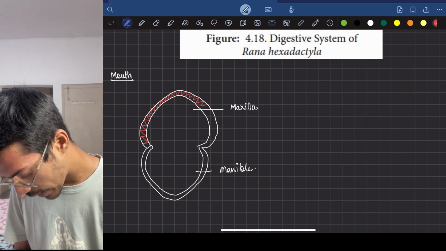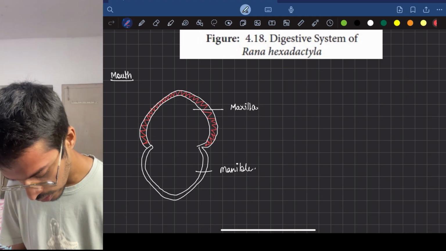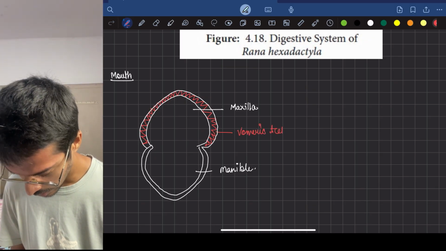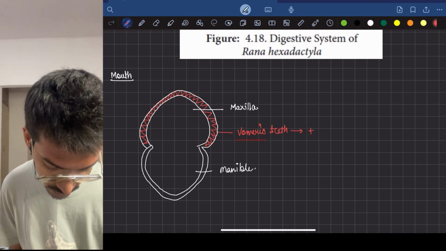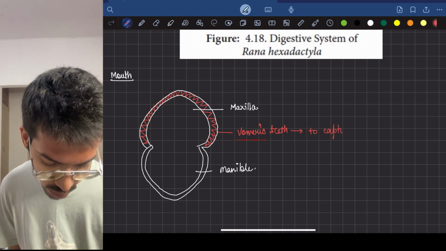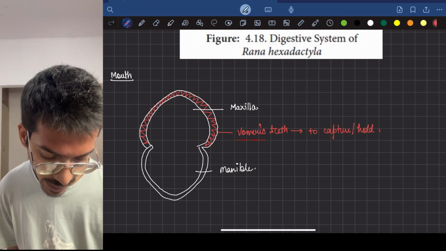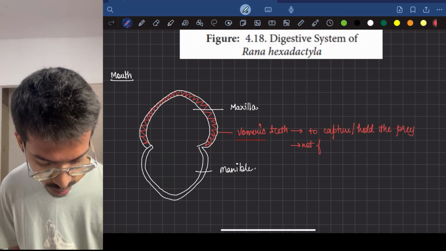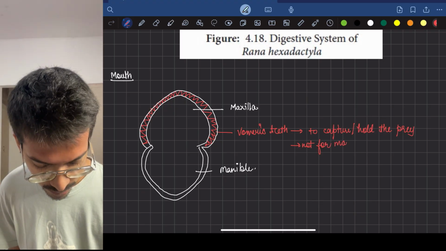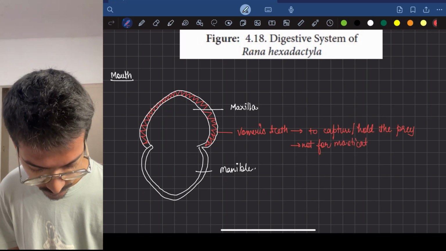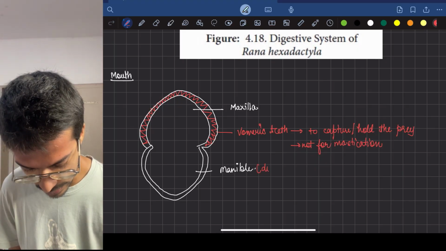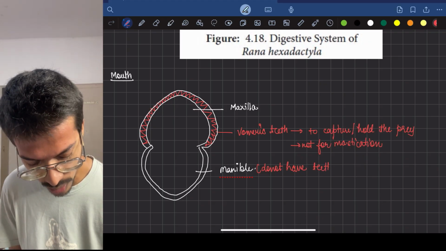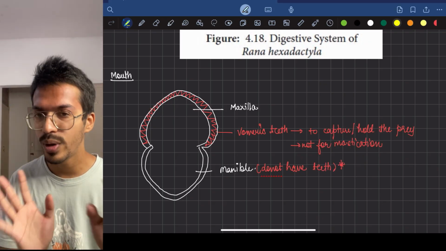These teeth are called homodont teeth. What is the role? To capture or hold the prey, not for mastication. The mandible does not have teeth. So it is a very important fact that could be very helpful to you.